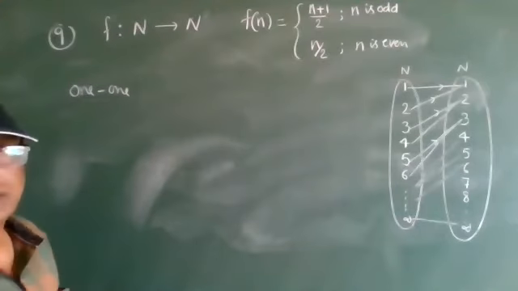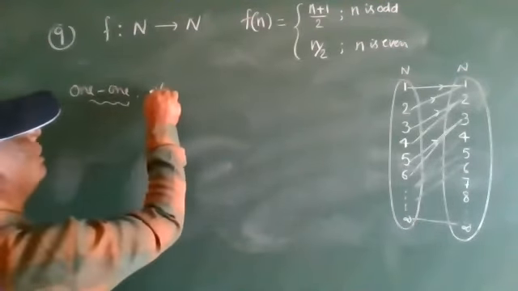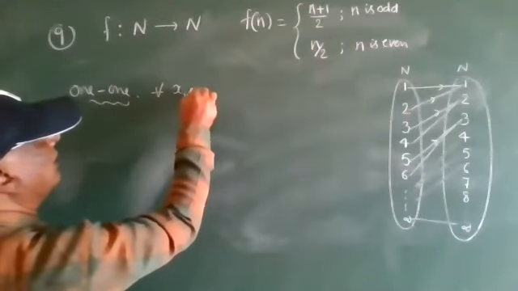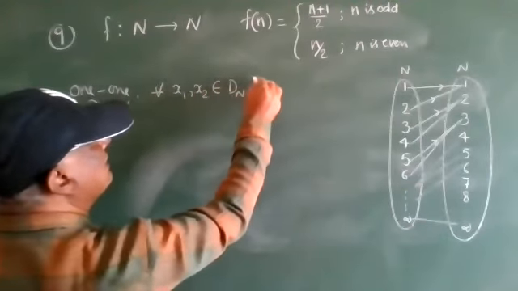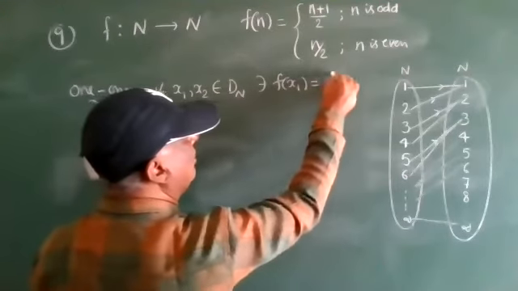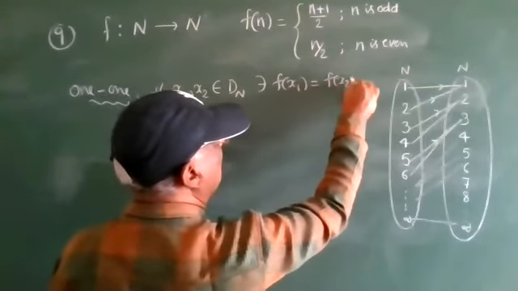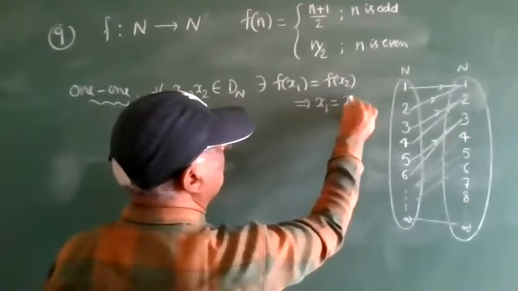First everyone see. One-one means that for all two elements x1 and x2 we can take in the domain of natural numbers, such that f of x1 is equal to f of x2, that implies x1 is equal to x2.